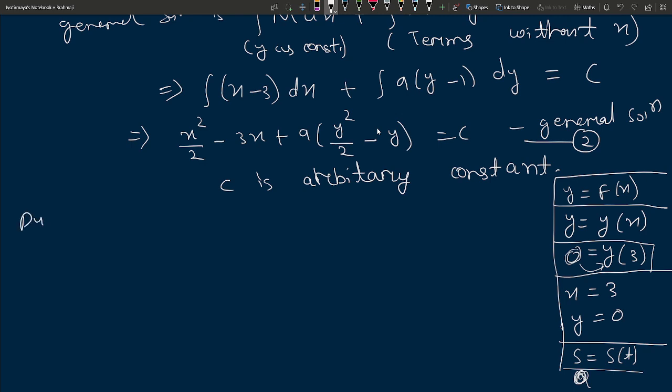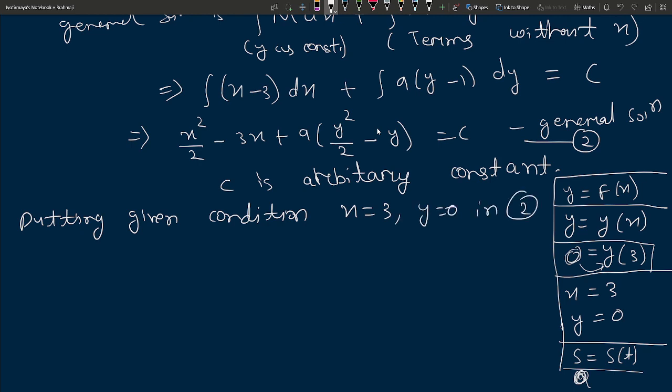So you write, putting the given condition x is equal to 3 and y is equal to 0 in equation 2. So this is 3 square by 2 minus 3 into x, x is 3, plus 9 into y square by 2, y is 0, minus y, 0, equal to c.